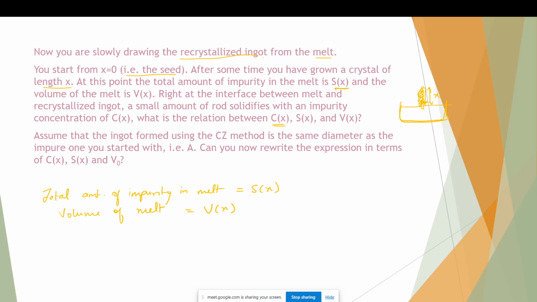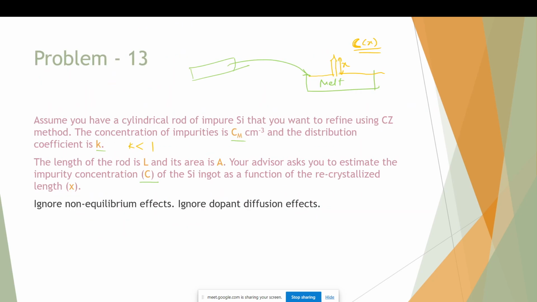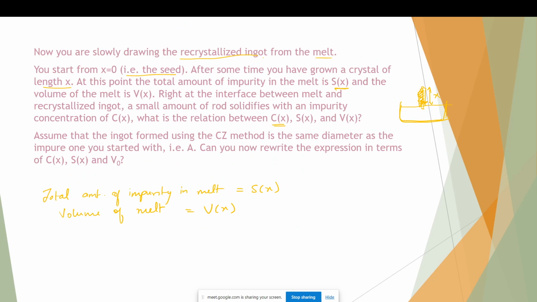You remember initially what we wanted to calculate? Initially, the question was to estimate the impurity concentration of the silicon ingot as a function of x. That is basically after length x, what is the concentration that is getting crystallized? So that is this C of x. Impurity concentration at x is equal to C of x.